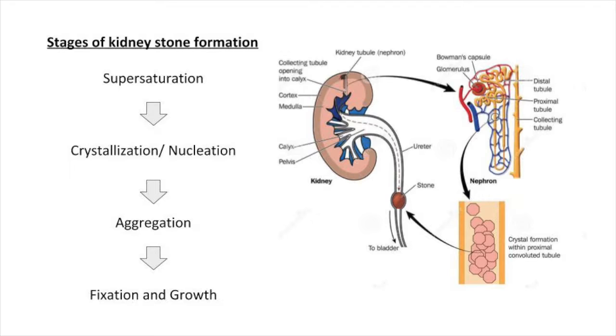This supersaturation of urine causes precipitated salts to form insoluble crystals and fixate on the nephron and grow into larger stones. The surface of the renal tubules and papillae cause small crystals to adhere and aggregate into an organized mass. This process occurs more rapidly when the urine pH is unusually high or low.